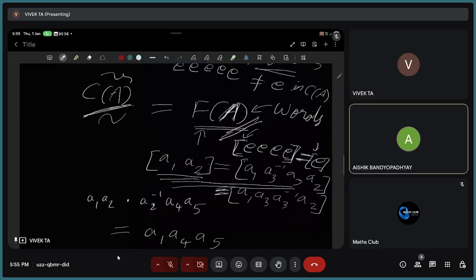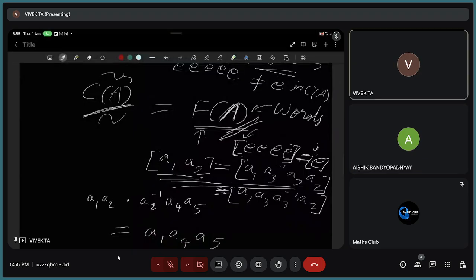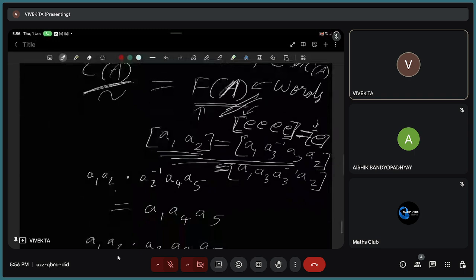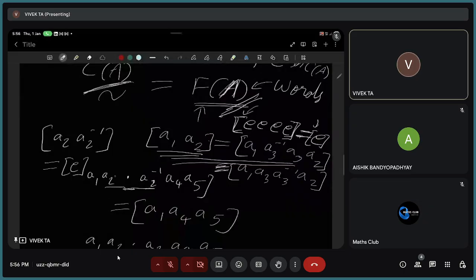When we are doing the concatenation operation, we are actually concatenating the equivalence classes, one class with the other class. Because the class of a2 inverse a2 is the same as E, you can write this as this. So this is a well-defined operation.